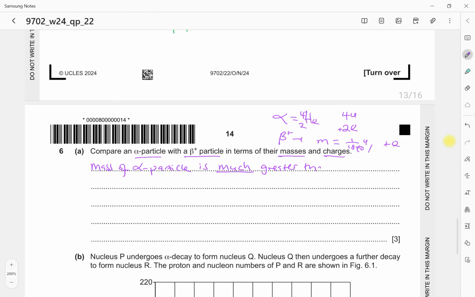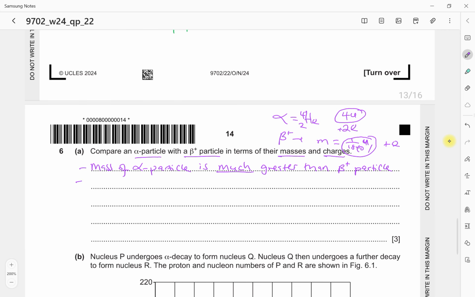Because the mass of alpha is 4 U, the mass of beta plus is approximately 1 over 1840 U. So the mass of alpha particle is much greater than the mass of a beta particle.